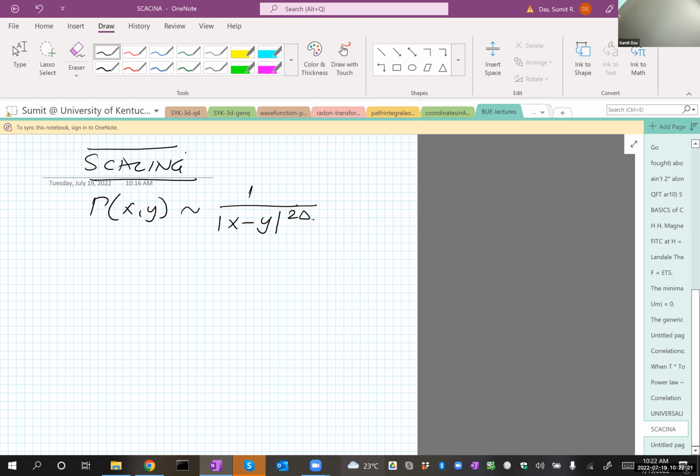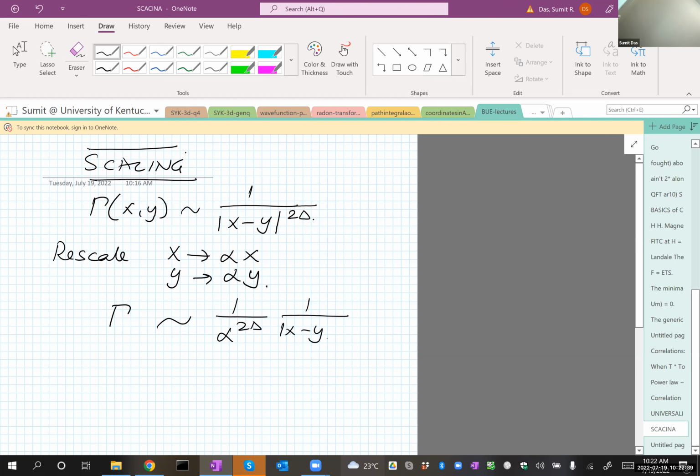It has the property that if I rescale x to alpha x, y to alpha y, the correlation goes as 1 upon alpha to the power 2 delta.